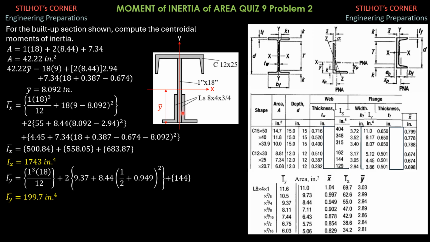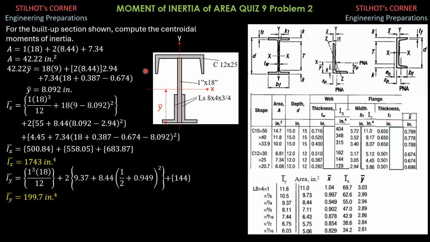Since this is the centroidal y-axis, we have to add half of 1 inch, or 1/2. So 8.44 times the quantity 1/2 plus 0.949, where 0.949 is bar x. Take note of that. Then quantity squared.